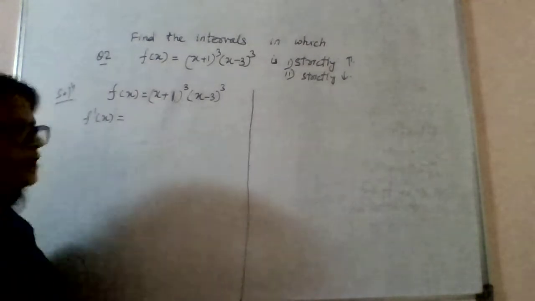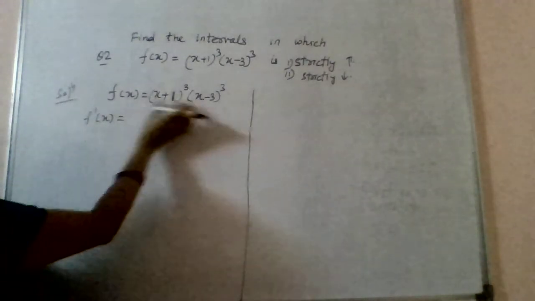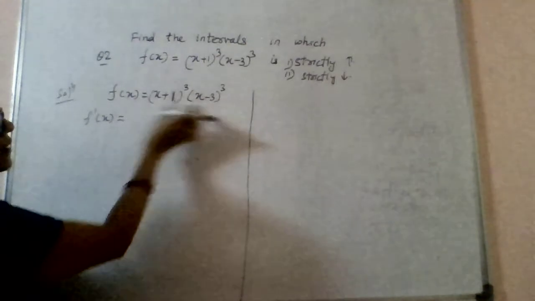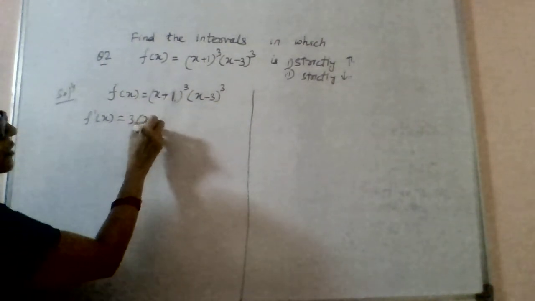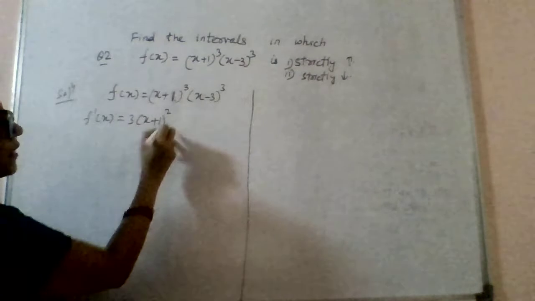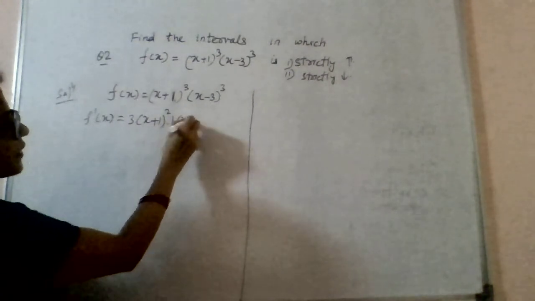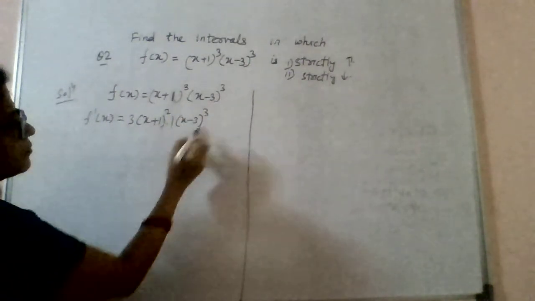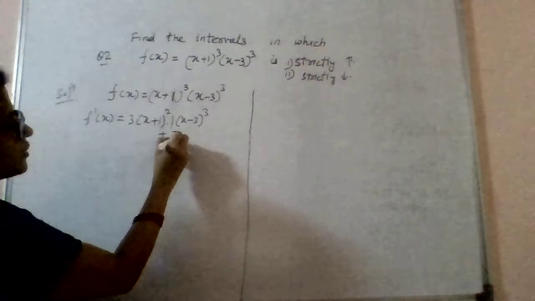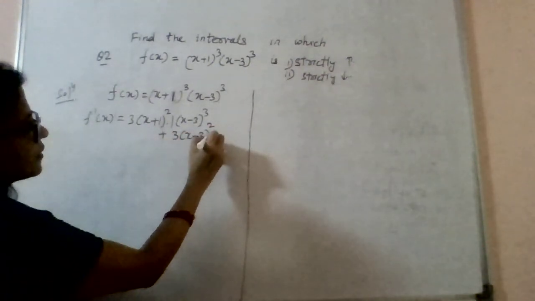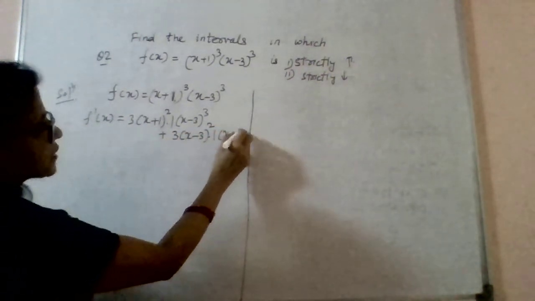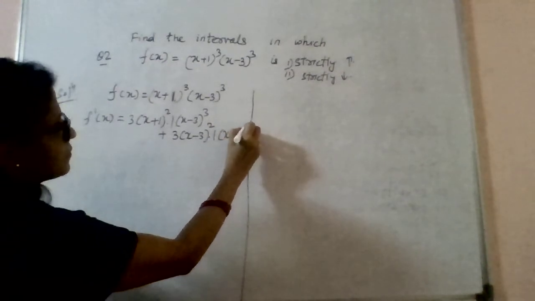So f dash x equal to, you can apply product rule here, together with chain rule. So 3 into x plus 1 whole square into 1 into x minus 3 whole cube plus 3 into x minus 3 whole square into 1 into x plus 1 whole cube.